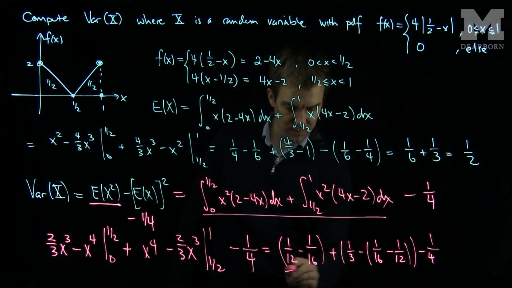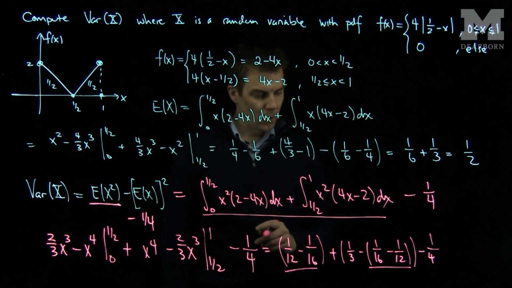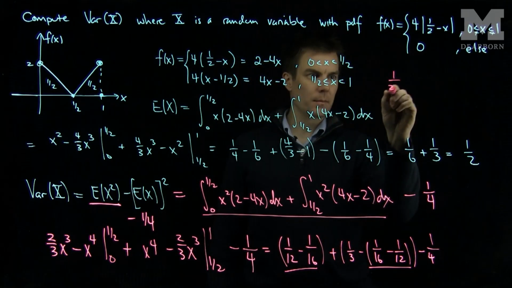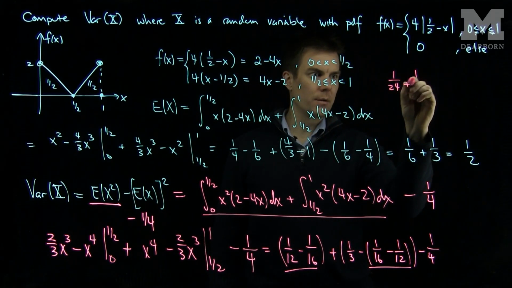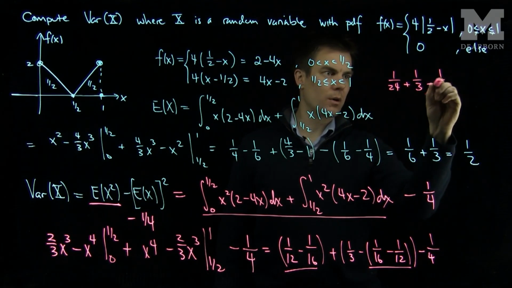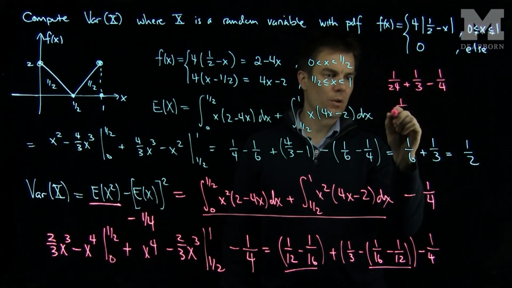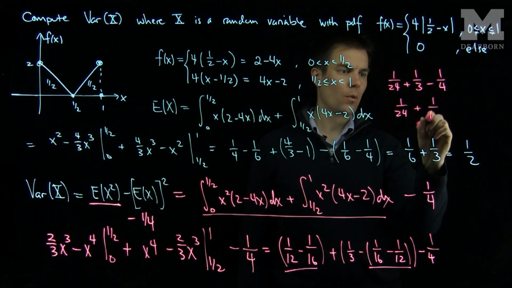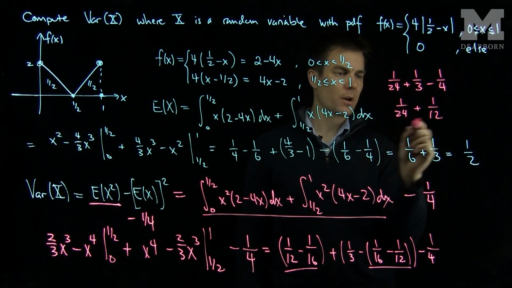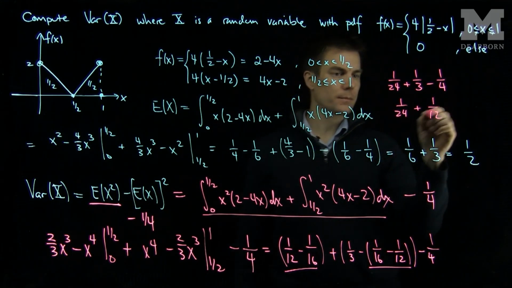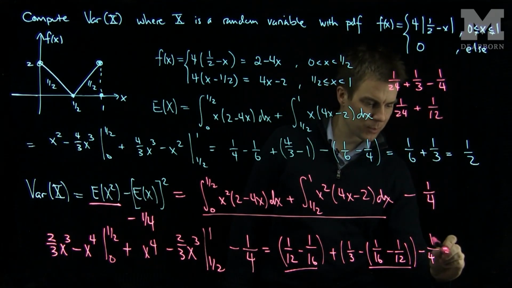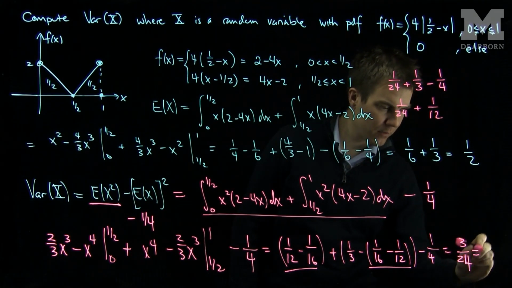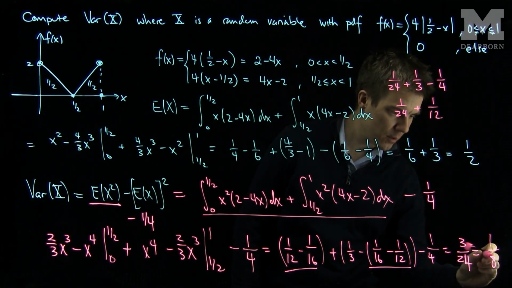So I'll have a 1 over 24 plus 1/3 minus 1/4. Then these terms over here will be a plus 1/12, or 2 over 24. So I have 2 over 24 and 1 over 24. So this will be 3 over 24. And 3 over 24 is 1 over 8.